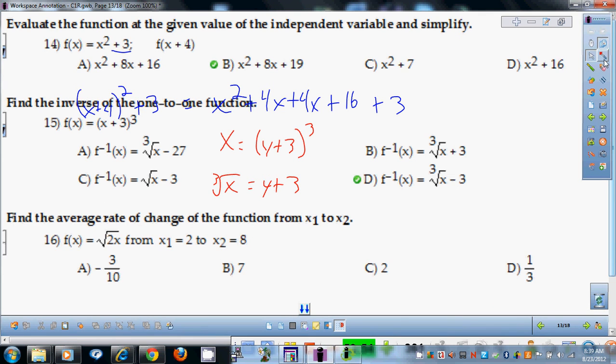Average rate of change to this function. Average rate of change is a big fancy way of saying what? Slope, yeah. So find the slope. They give you the x's, you have to find your own y's. This is that assignment we did in groups that day when y'all were working by yourselves. This is one of the more calculus-based concepts.